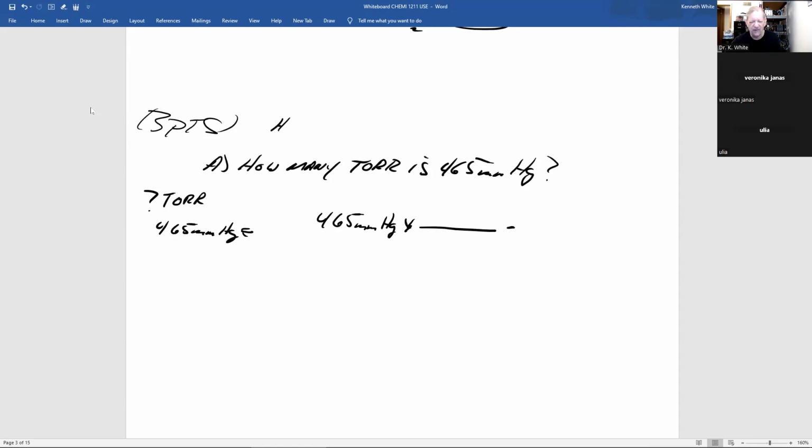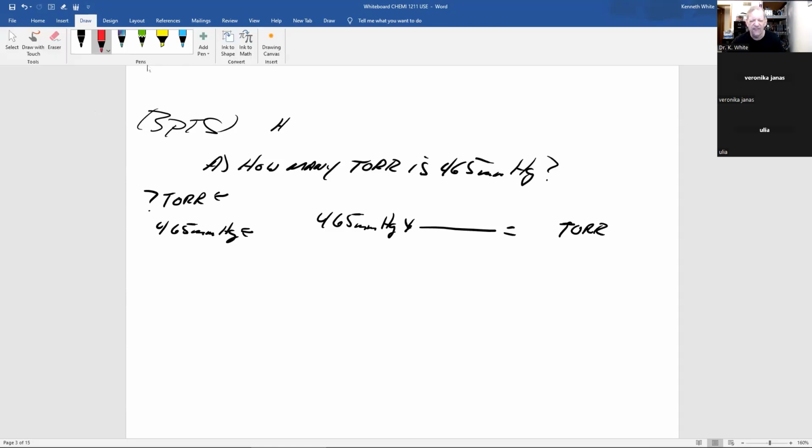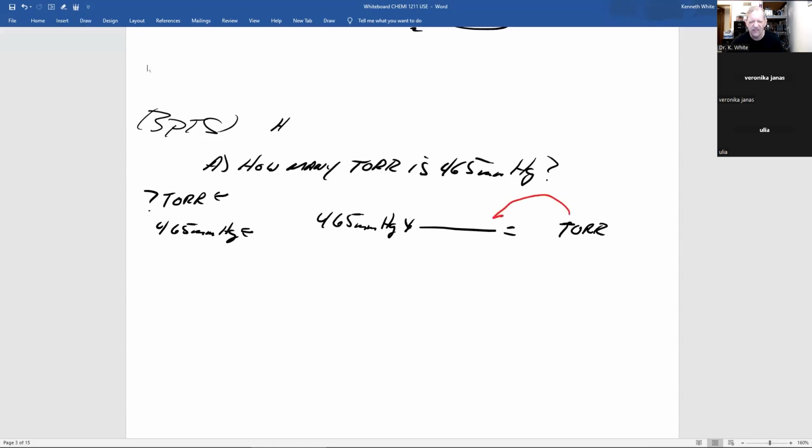And what units are we trying to get to? Torr. Remember, both of these are measures of pressure, which we do for gas. And now we'll use our good buddy, our good friend, unit analysis. Whatever we're trying to get to goes on top. Whatever we're trying to get rid of goes underneath.